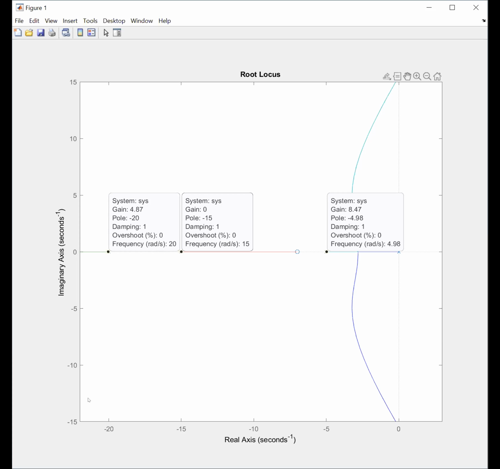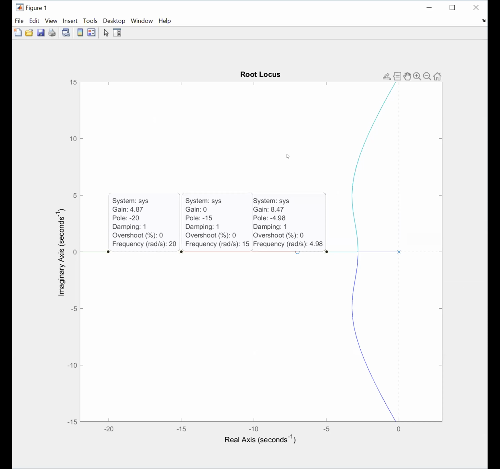So I want you to note that s equal to minus 20 is a pole of the open loop transfer function. So there is an X sign here, here, here, and over here.